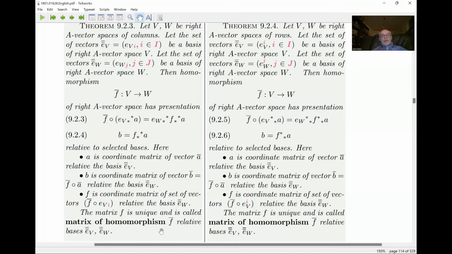The matrix F is unique and is called the matrix of homomorphism F relative to the basis EV and EW. A similar statement is right for right A vector space of rows, but instead of equality 2.3, we have equality 2.5, and instead of equality 2.4, we have equality 2.6.